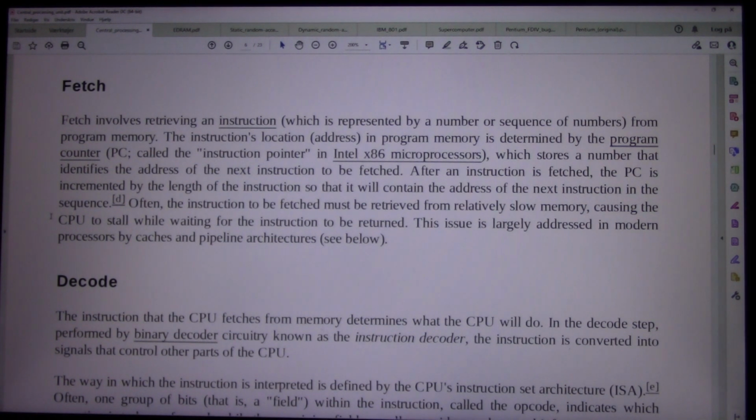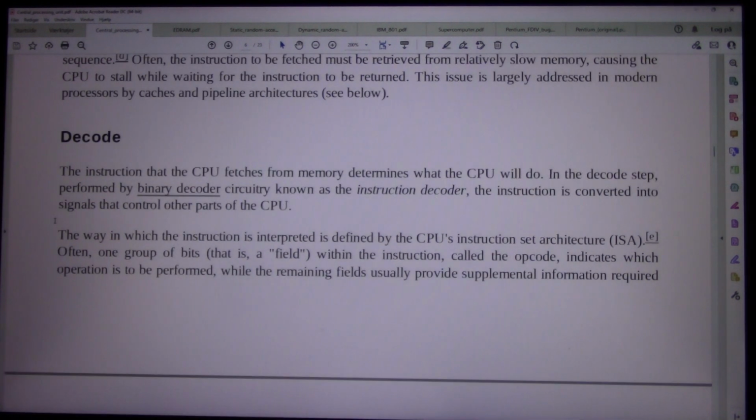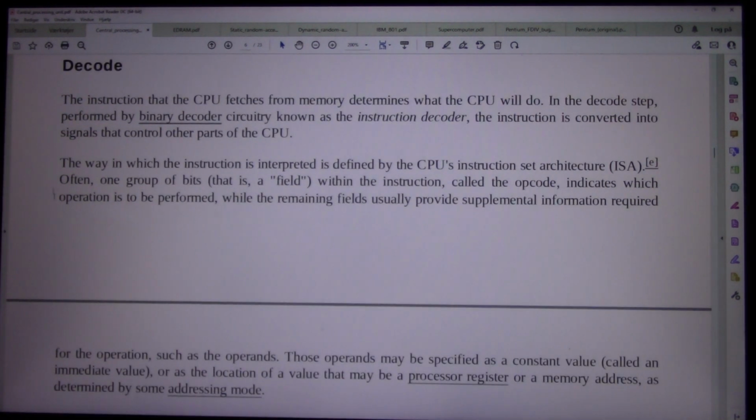Decode. The instruction that the CPU fetches from memory determines what the CPU will do. In the decode step performed by binary decoder circuitry known as the instruction decoder, the instruction is converted into signals that control other parts of the CPU.